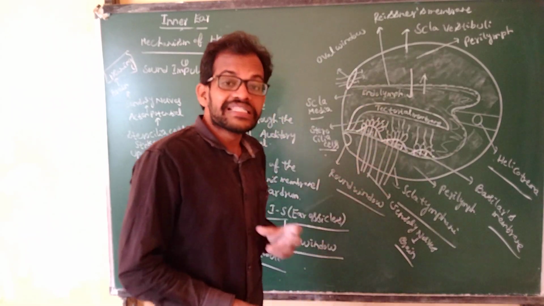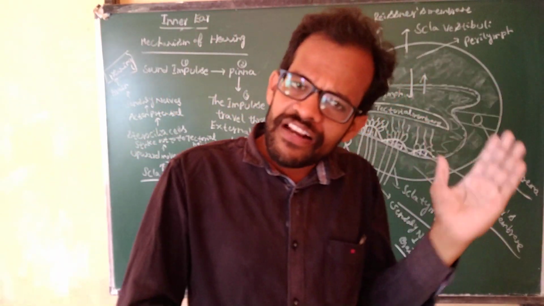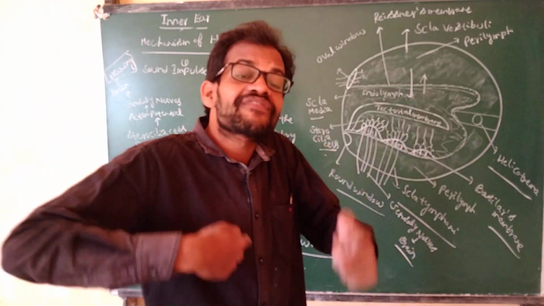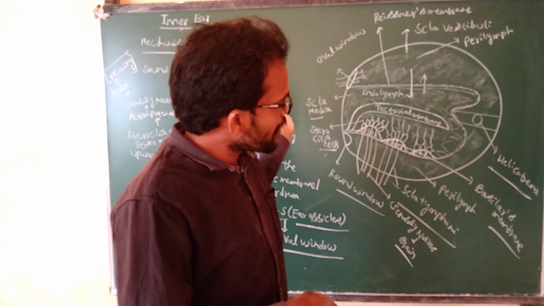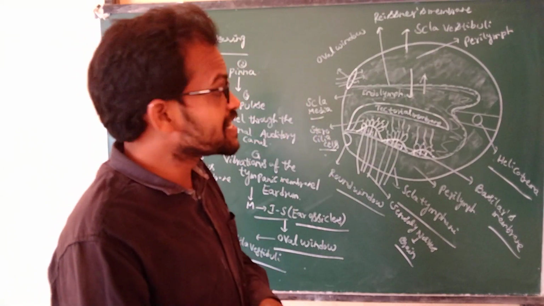The base of the basilar membrane in the scala media consists of sensory neurons. The sound waves are converted into nerve impulses. This impulse passes into the brain, and the brain analyzes the hearing process.